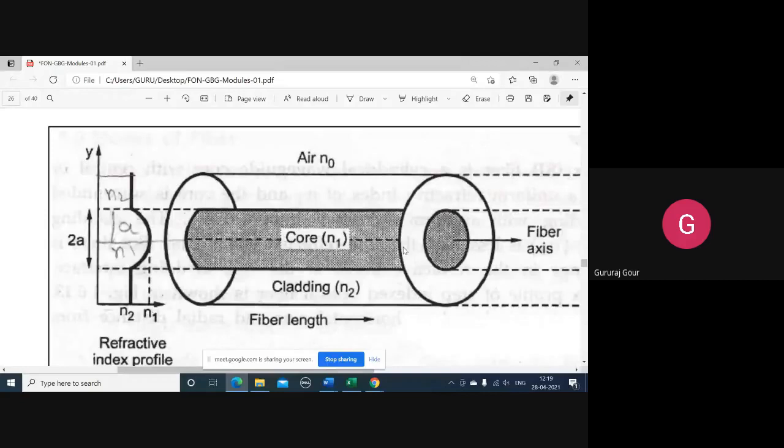That is our demand. Sometimes we want a gradual decrease of refractive index. So accordingly, the core material should be composed of.